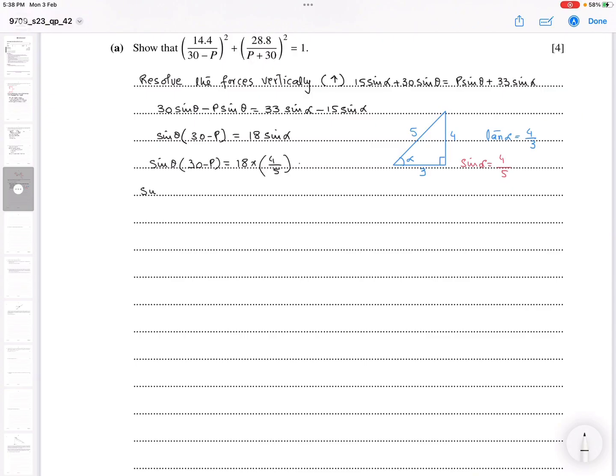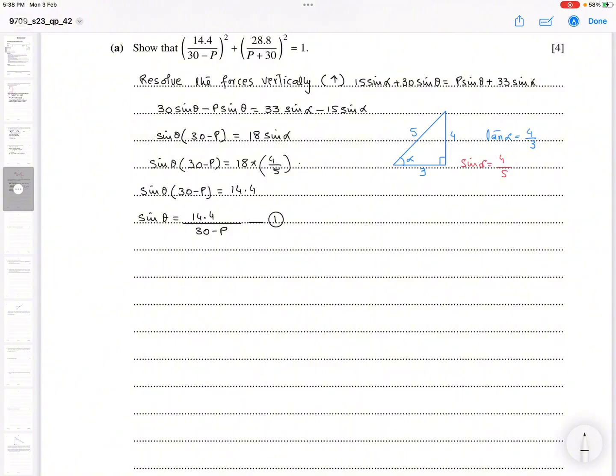Solve this, you will get 14.4, and sine theta would be equal to 14.4 over 30 minus P. This is your equation number 1.